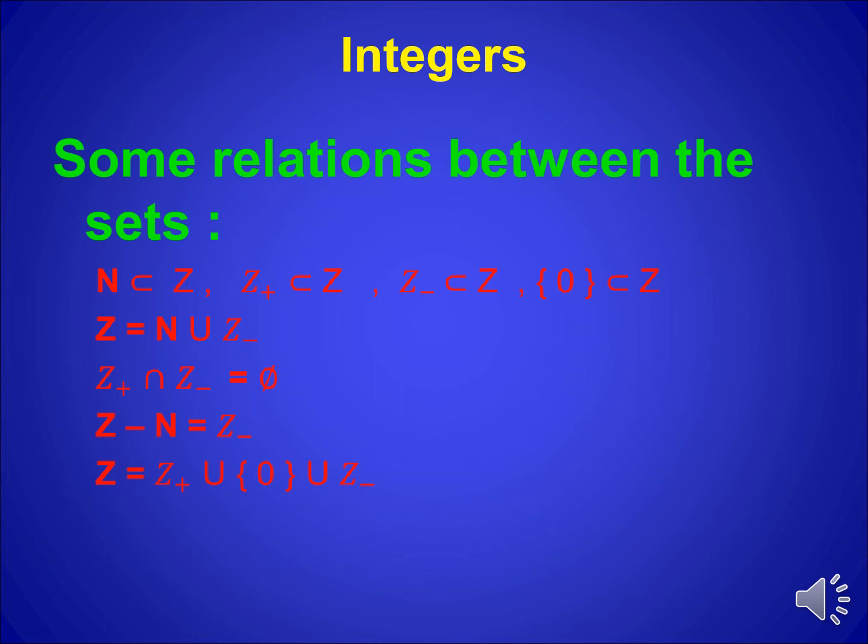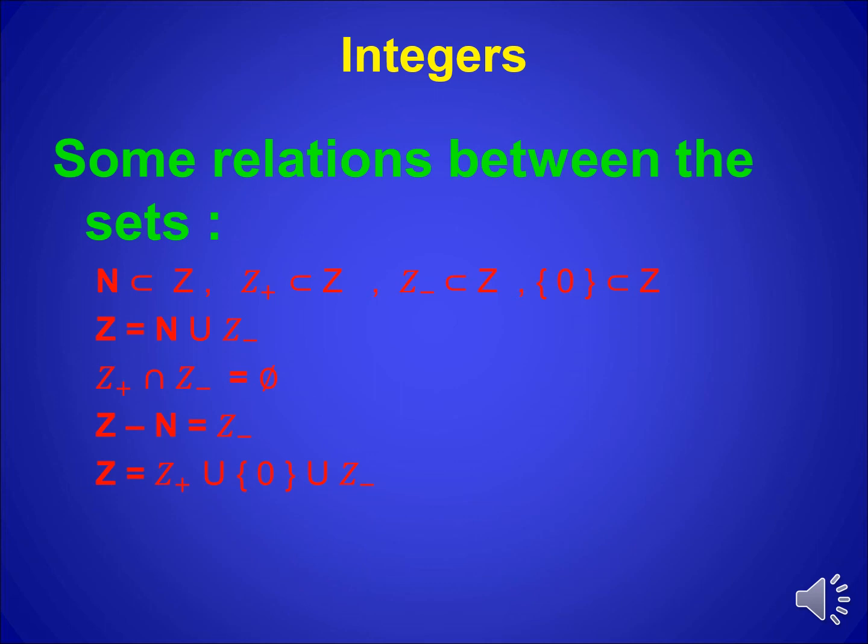Z equals N union Z negative, because it equals Z positive union 0 union Z negative. Z positive and 0 is natural, N. So Z equals N union Z negative. Z positive intersection Z negative equals phi.